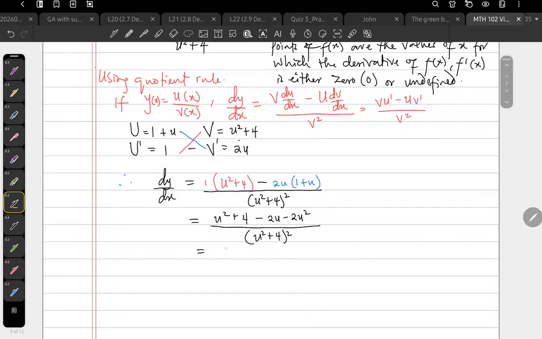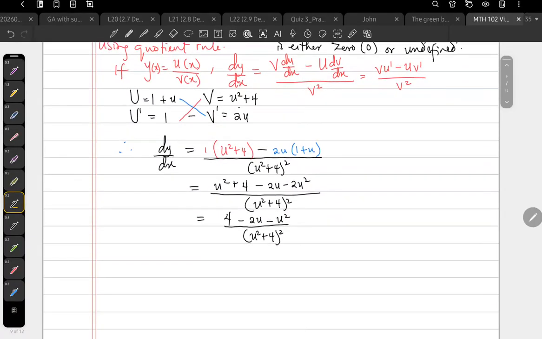And all in all, that gives us 4 minus 2u minus u squared, all over u squared plus 4 squared. So we've gotten the derivative, which should be dy du, not dy dx, because the independent variable here is u, not x.